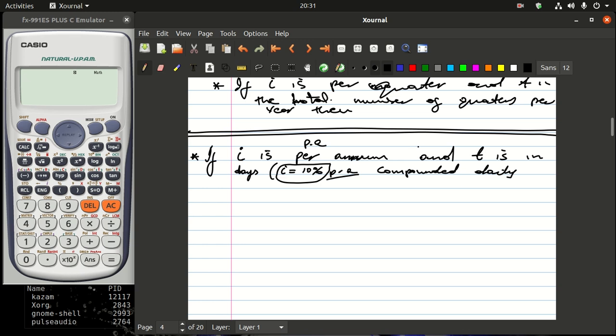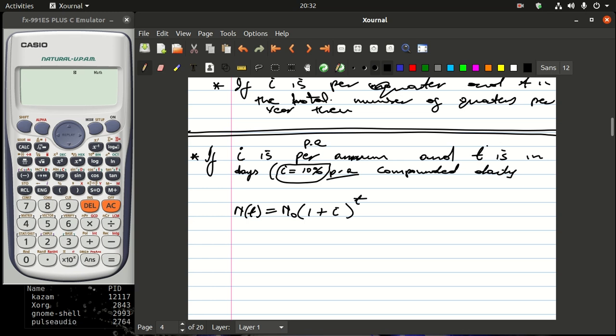So which formula are you actually using? We had the original formula, which is N naught, and then 1 plus I raised to some t there. But now this t here, because it is compounded daily, we want t in days.